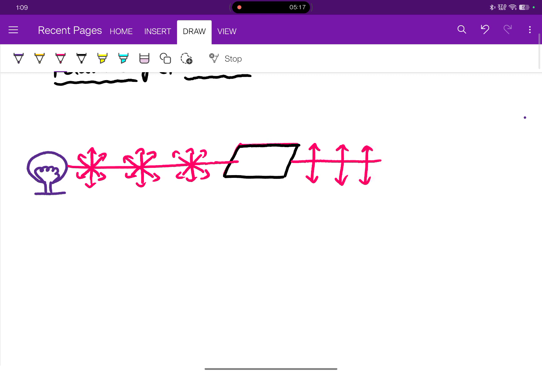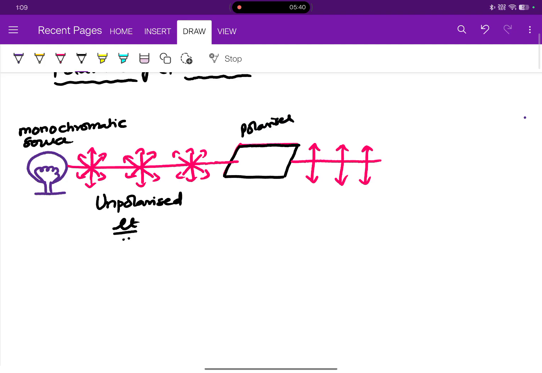So this is the monochromatic source, this is unpolarized light, this is a polarizer, and this is plane polarized light. So this light will be vibrating in only one direction.